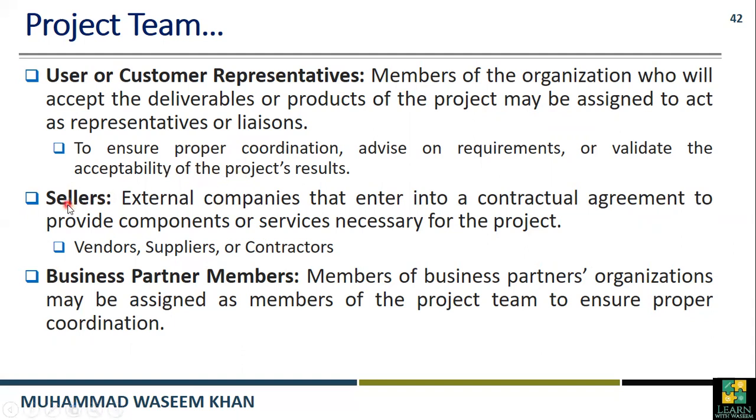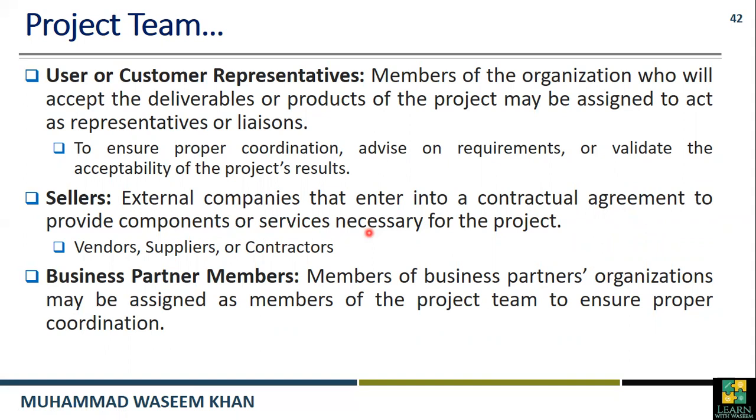Similarly, sellers are the external companies that enter into a contractual agreement to provide components or services that are necessary for the project. For example, you need some material for the project, so the external companies or the suppliers will provide those materials to you. If you need human resource or labor, different contractors will come and have a contractual agreement with you, and they will provide you services.